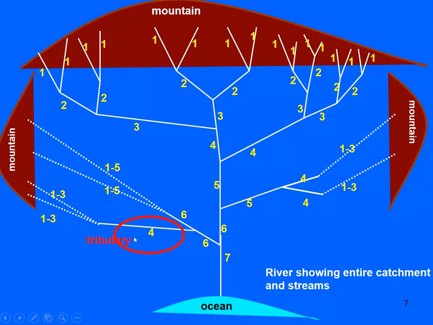So when you have to define tributary, remember that part as well. So it's got two parts. It's got the part of it being of a lower order entering a higher order stream, but it's also got the second part of the stream order remaining the same, the receiving stream, the one that it flows into, that one will remain the same. Okay, I think I've covered all of those points.